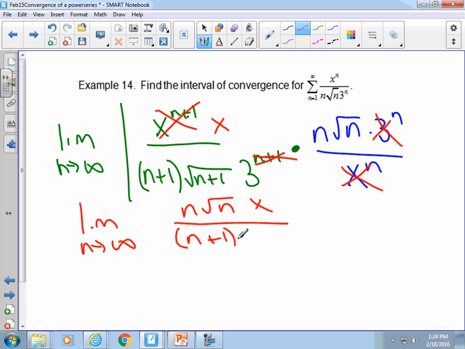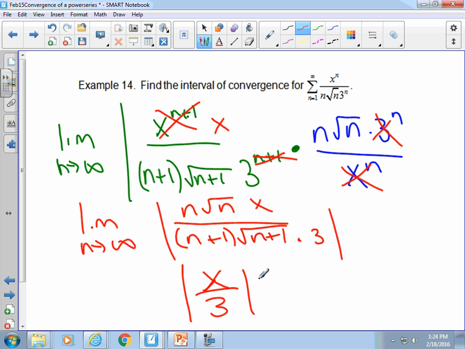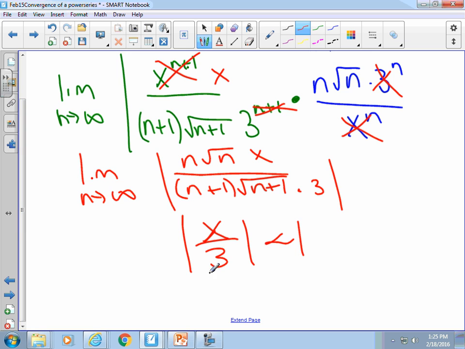However, as n approaches infinity, these two things have the highest power of n to the 3 halves, or whatever you want to think about that as. And so x over 3 is what that limit approaches. It's got to be less than 1. Negative 3 to 3.